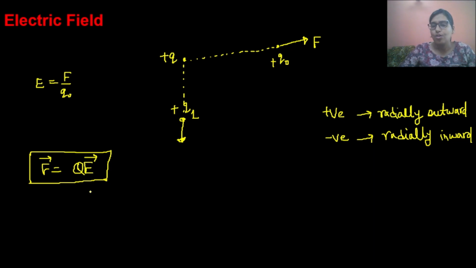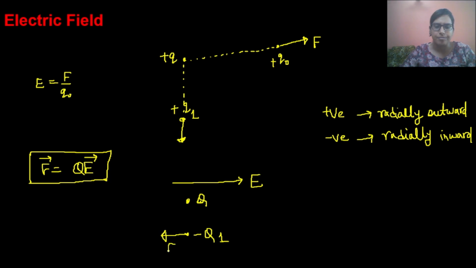So if we put a charge in a electric field, suppose this is the direction of electric field, if we put a plus Q charge, then there will be a force on this charge in direction of electric field. If we put another negative charge, then the force on this charge will be opposite to electric field direction.